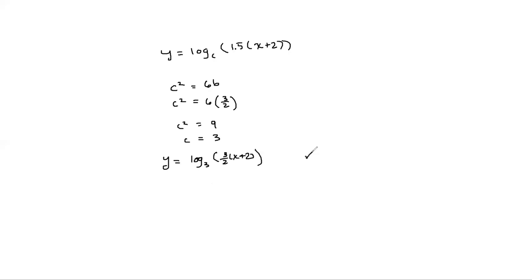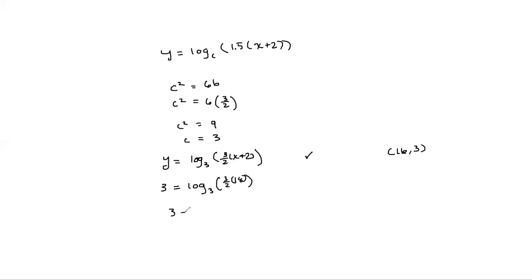And here is our rule. If you'd like, you can use the third point to validate or to check your work. So we had a third point, which was 16, 3. Suppose I use that point, then I would have 3 is equal to log base 3 of 3 halves times 16 plus 2, which is 18.